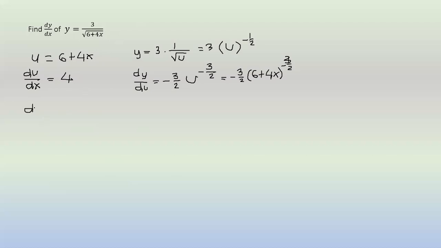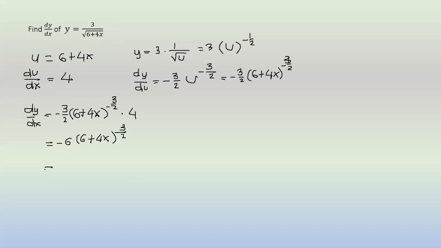So dy/dx equals dy/du times du/dx. dy/du, this one, negative 3 half times (6 plus 4x) to the power negative 3 half, times this one, 4. 4 times negative 3 half equals negative 6, because 12 divided by 2 is 6, so negative 6 times (6 plus 4x) to the power negative 3 half.